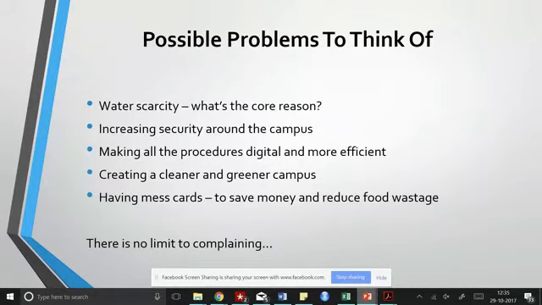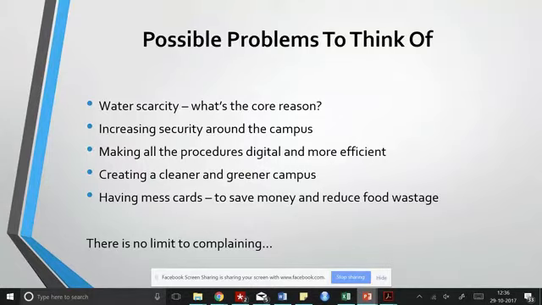First is a very obvious and glaring problem: water scarcity. And I think almost every one of us has been a big victim of this, and all of us want it to be changed, but it hasn't been changed yet. And there's a reason why. If you go talk to someone from the estate maintenance department, you would know that they're very much aware of what's going on, but they can't change anything because there is a limited supply that they get from the agency and they can't get anything more.